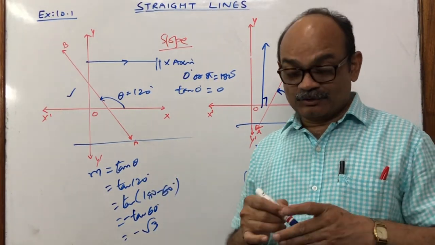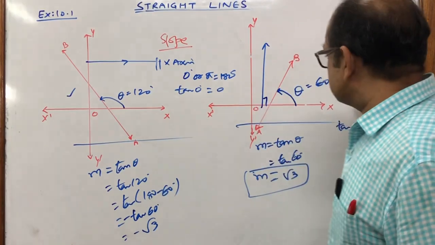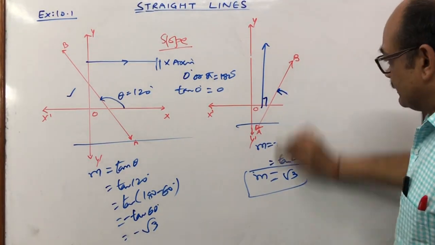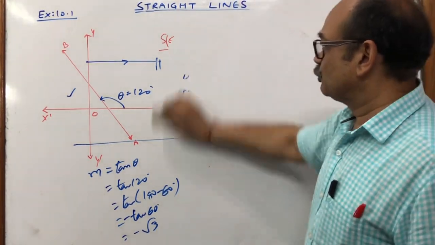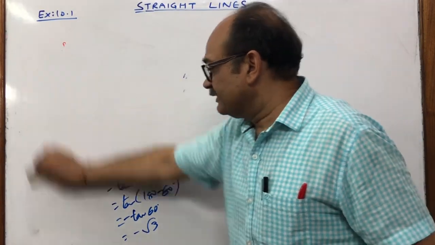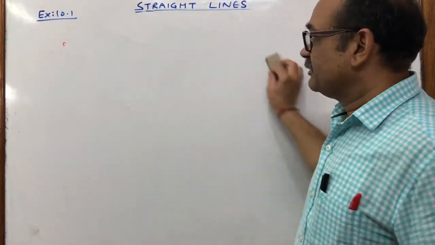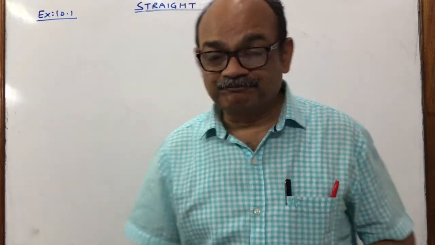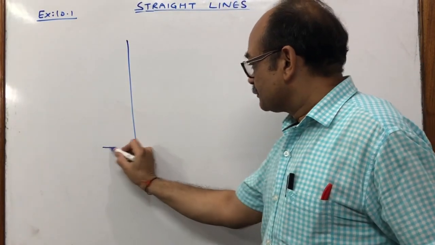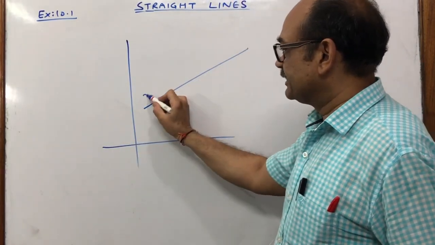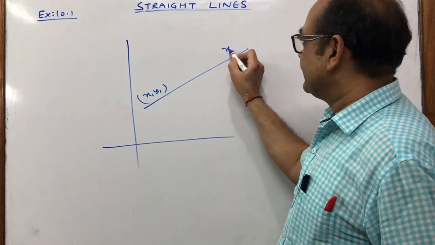Correct? Now, the next point comes, what is the angle between the two lines? And when 2 points are given, how we calculate the slope? Suppose 2 points are given, say x1, y1, say x2, y2.